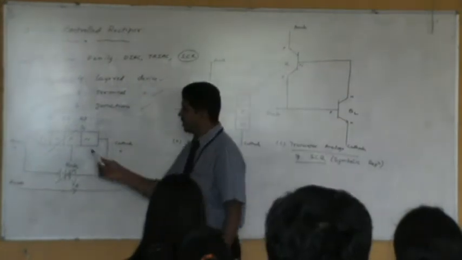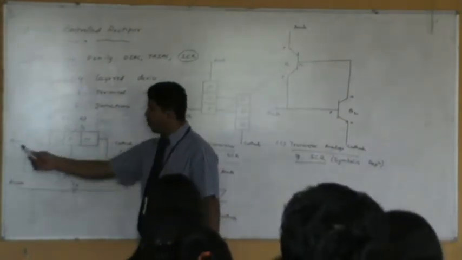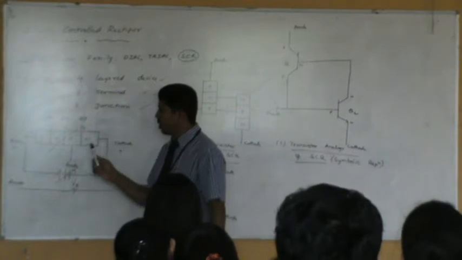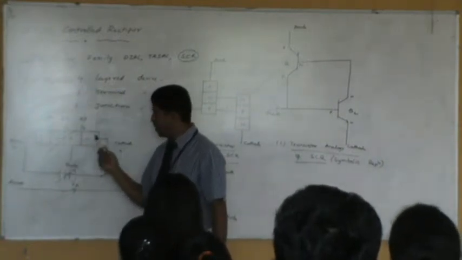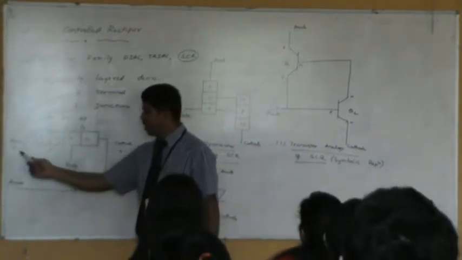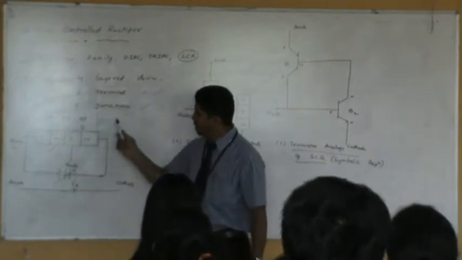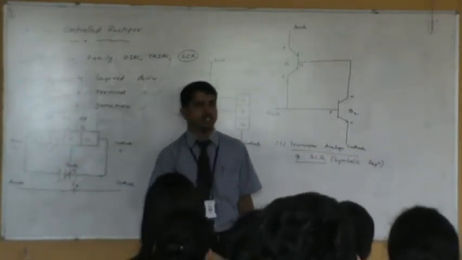Already we explained what happens inside the SCR when forward bias is applied, which junctions are forward biased and which are reverse biased. Similarly, under reverse bias conditions, we analyzed the biasing condition inside the SCR.